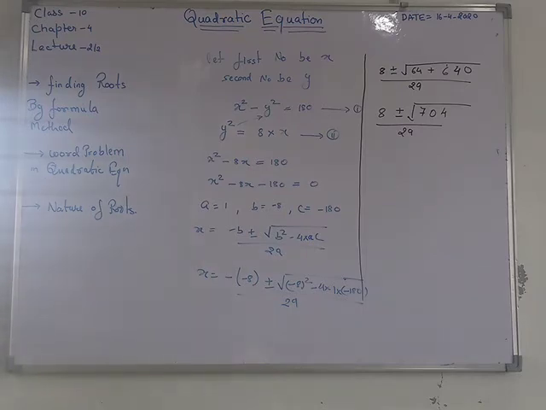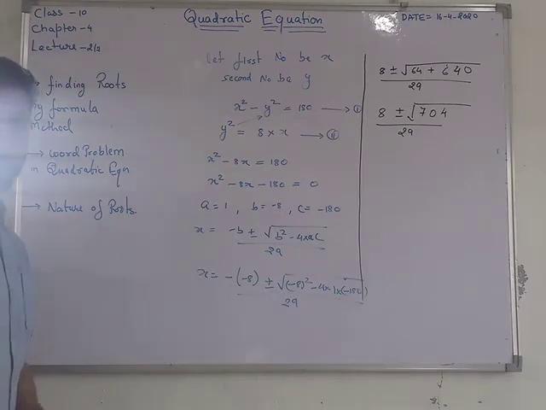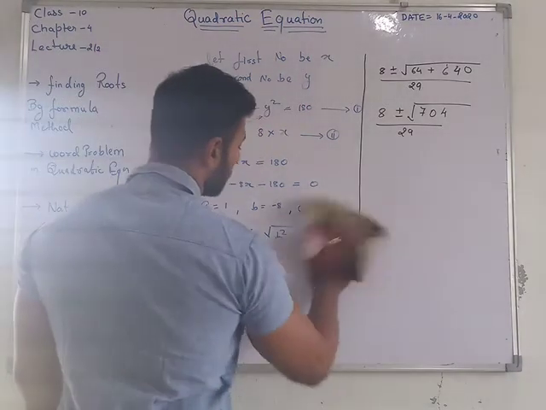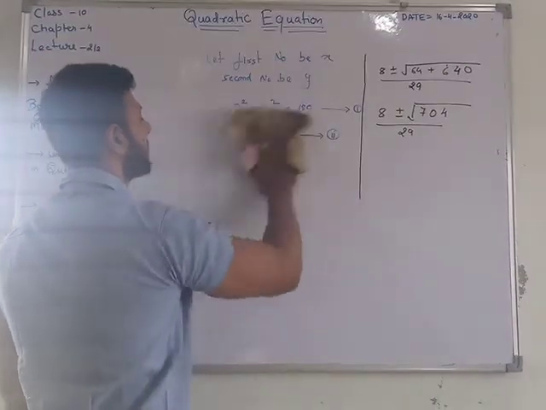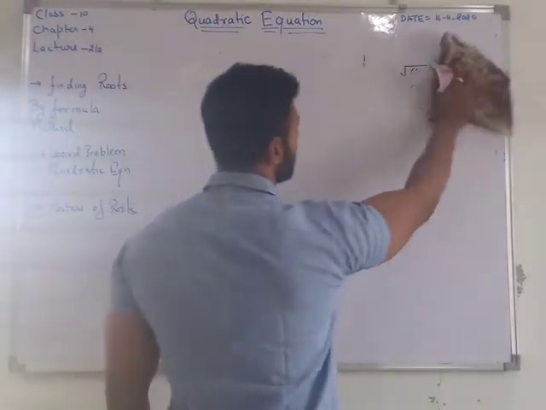Now let us move to our next topic, which is nature of the roots. Nature of the roots is given by the term called discriminant. Discriminant is nothing but b square minus 4ac.